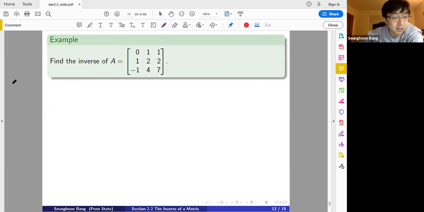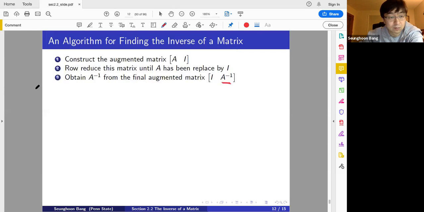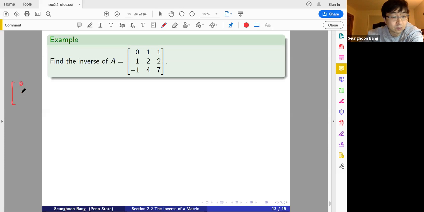So what's A here? 0, 1, -1, 1, 2, 4, 1, 2, 7. This is matrix A. You can write I. What's I? 1, 0, 0, 0, 1, 0, 0, 0, 1. You can write it as [A I].